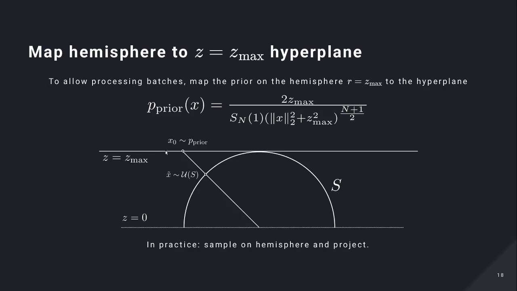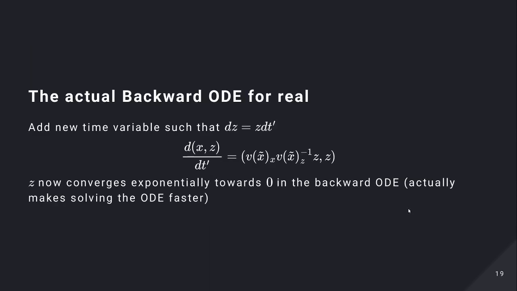So at the end, we just solve the ODE with respect to z. We start on this hyperplane and follow the field lines to eventually hit z equals 0, or at least close to it. But that's not over, because the authors decided this was still a bit slow, so they added a new time variable such that dz equals z dt.